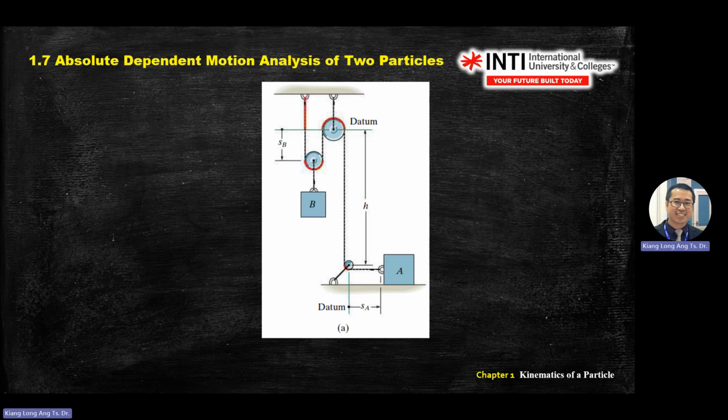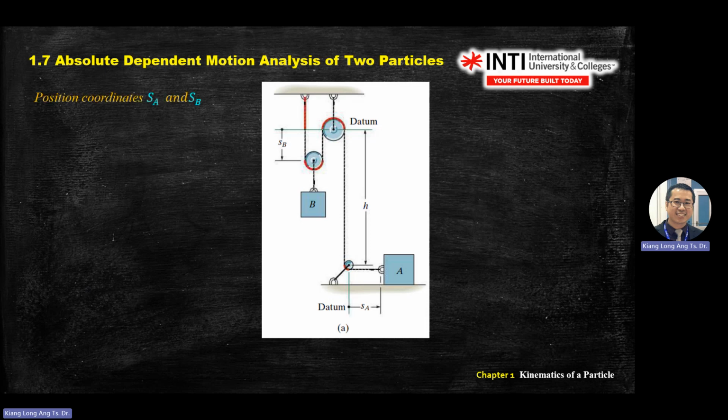When you pull B, what happens to A? It will be moving in this direction, right? So before solving, you should be able to think logically about the differences between the two objects. If you put B down, this one moves here and the datum is pointing this way, you'll get negative, opposite directions of each other.